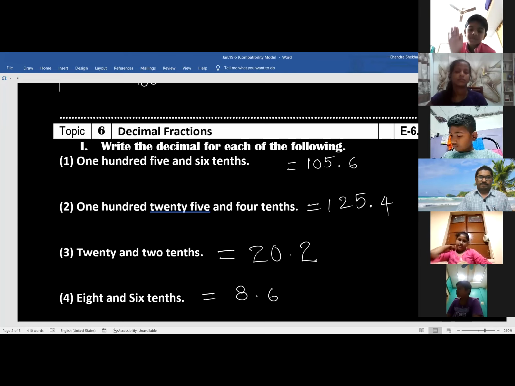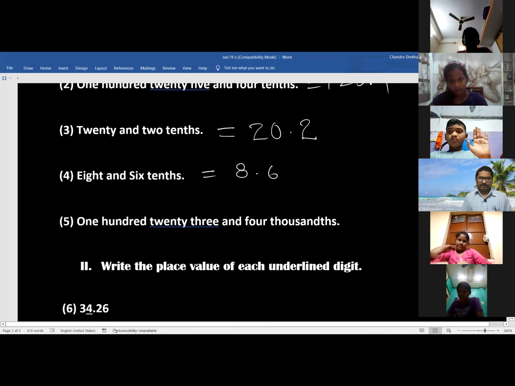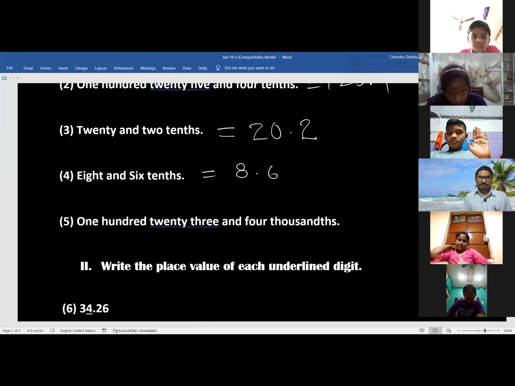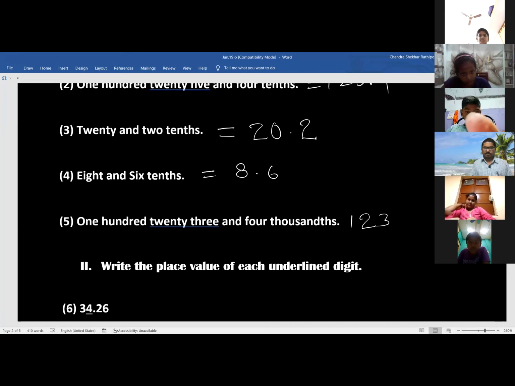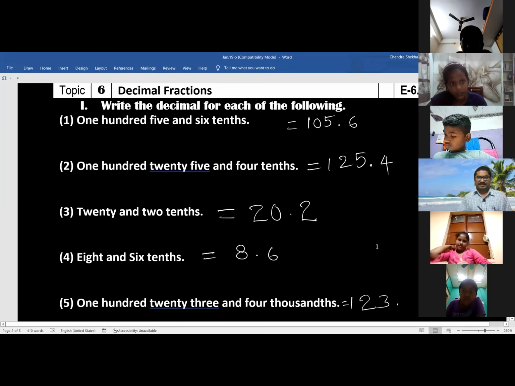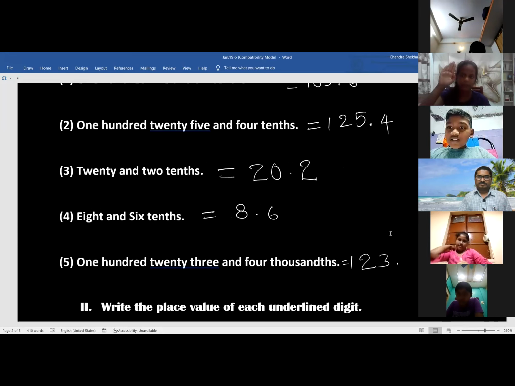Shashank Reddy, tell me this one. Which one, sir? The fifth one? 123.4, sir. Wrong. Who can say this answer? Rakshit. Sir, 0.04?